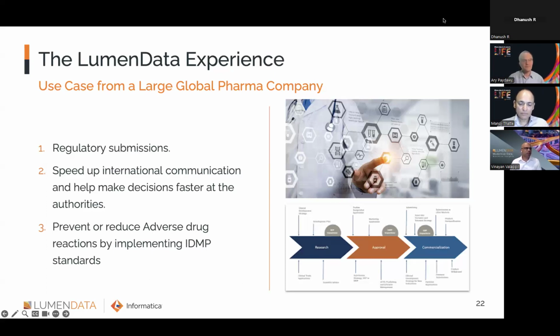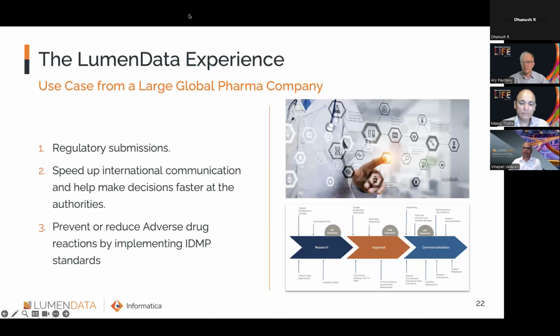So the third use case is to prevent or reduce adverse drug reactions, and this is more on the safety side. Setting up the IDMP standard can significantly enhance the safety and efficiency of medicinal products, right? Through improved data quality management, improved traceability, and communication across the pharmaceutical supply chain and healthcare system, thereby reducing the incidence and severity of adverse drug reactions, right?